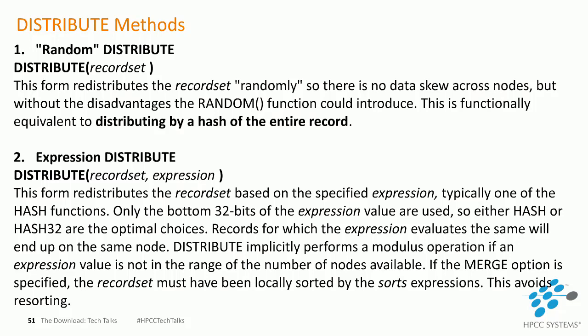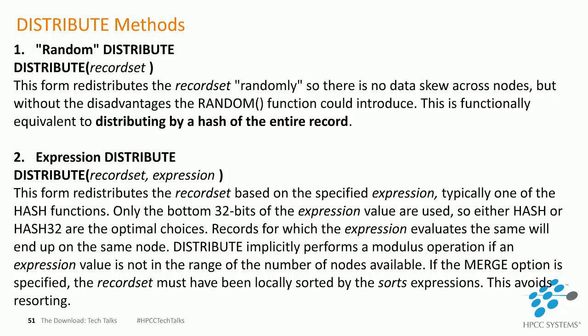The second type of distribute uses an expression, and in our classes we like to talk about the hash functions used as the expression to give you a more accurate hashing, especially if you're combining different fields together in your distribute expression. For example, you're using a company name and a first name and a last name. It's more efficient to use the hash value of those combinations, which breaks down to only 32 bits, whereas if you were distributing strings, you could have a much larger, more inefficient type of distribute.